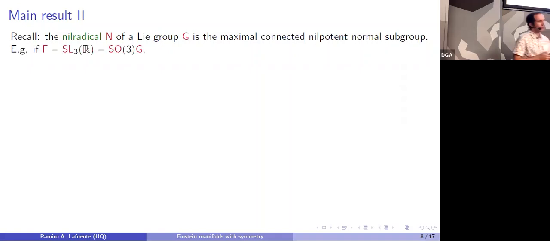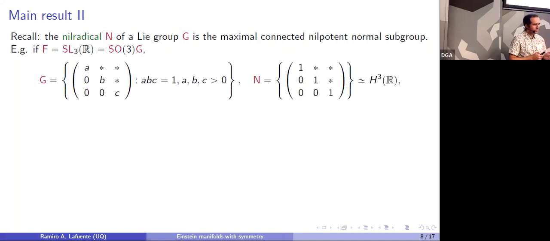For instance, if you have SL3R and you pick the Borel G, then the nil radical of this G is the Heisenberg group. Now the nil radical of SL3R is trivial because it is semi-simple, but the nil radical of the Borel G is the Heisenberg group. Okay.